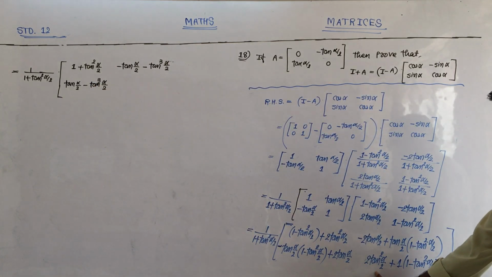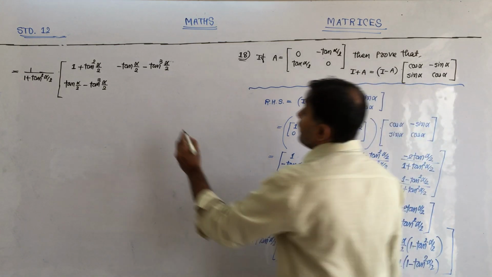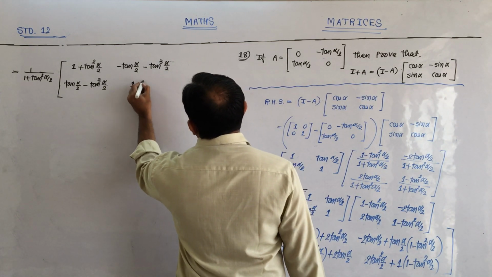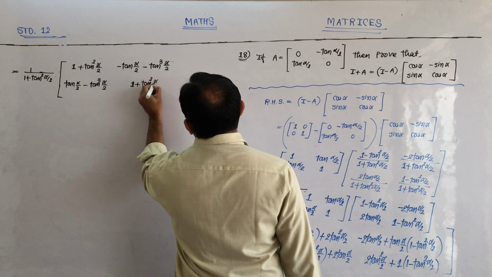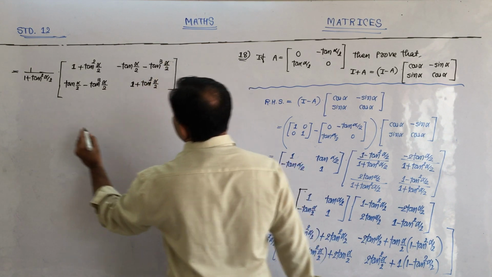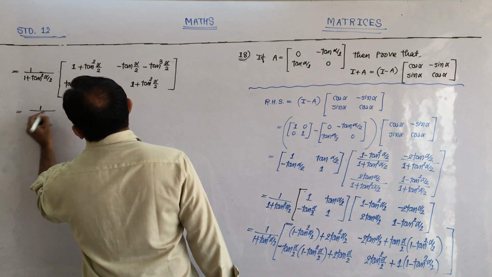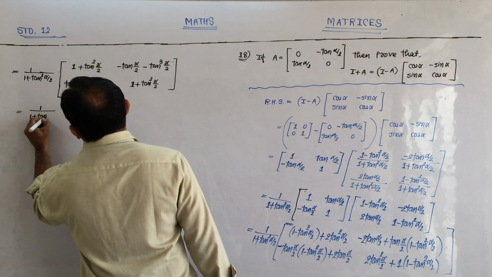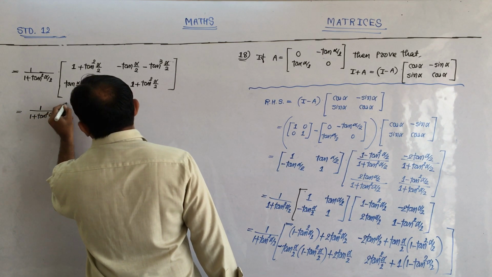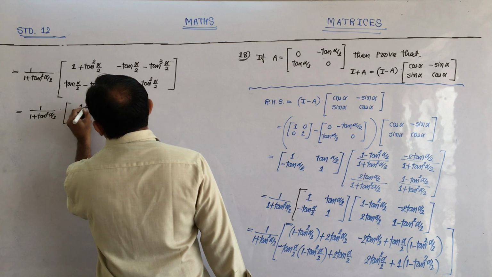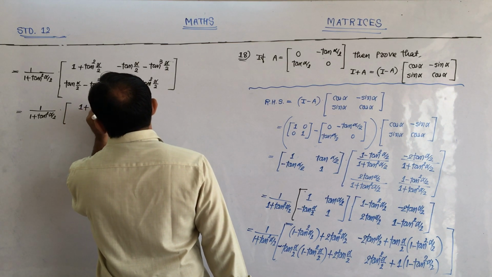What about here? 2 tan square alpha by 2 minus tan square, so 1 plus again tan square alpha by 2. This is 1 upon 1 plus tan square alpha by 2 into 1 plus tan square alpha by 2 is there.